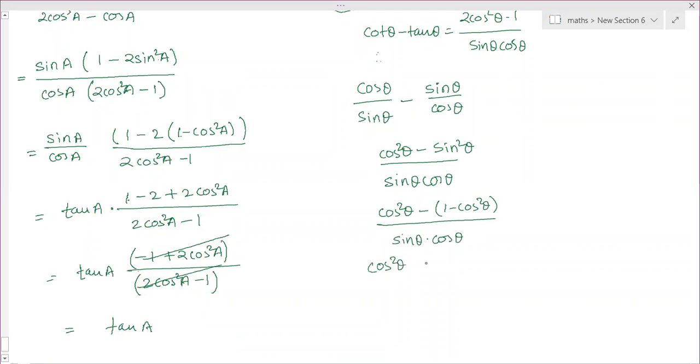So this will be cos square theta minus 1 plus cos square theta, by sin theta into cos theta. So cos square plus cos square is 2 cos square. 2 cos square theta minus 1 divided by sin theta into cos theta. Yes, that's it.